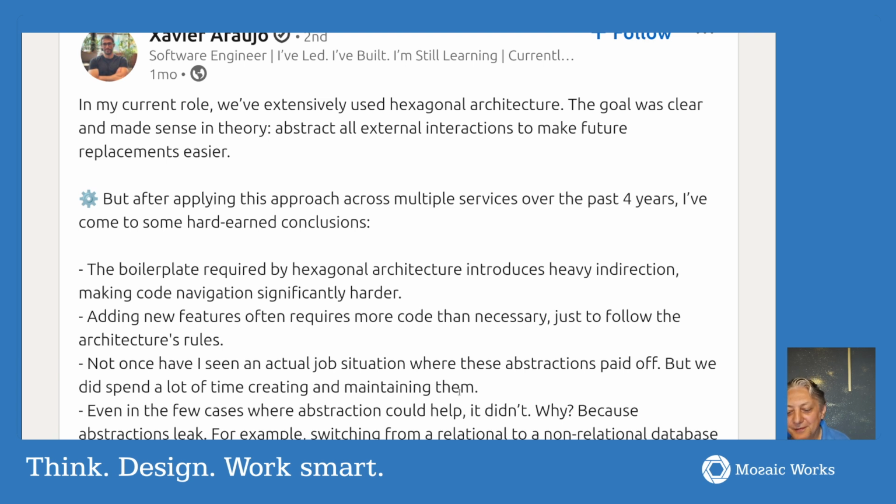But briefly, hexagonal architecture is about ports and adapters. That's maybe a better name. What it means is that for every interaction with the outside world, you define a port inside your domain.